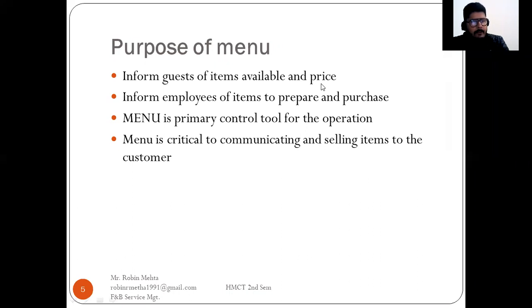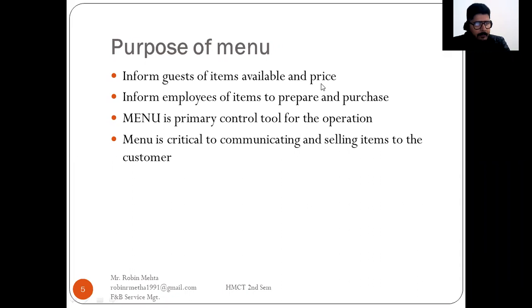Like we are telling the guest we have these items and the price of these items is this. But before telling the guest, we also have to tell our employees, whosoever is responsible for preparing those dishes, like the chef, and the server who has to serve the dish after it is prepared.